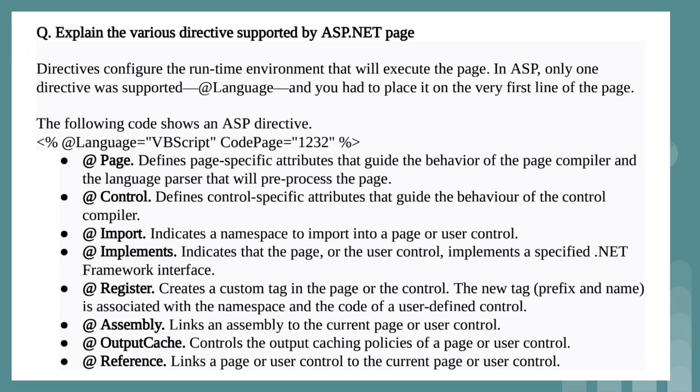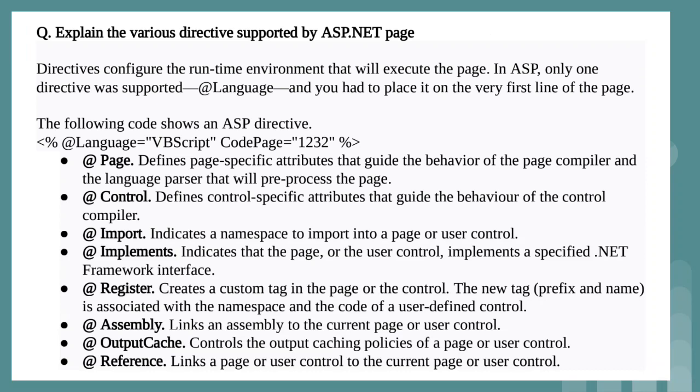Then the next one is @implements. This particular directive indicates that the page or the user control implements a specified .NET framework interface. Sometimes, if I have developed a program using Microsoft Visual Studio 2010, then that program will be supported in 2012 also, and 2014 also. The reverse order is not possible, but a program designed in Microsoft Visual Studio 2010 can be run in Microsoft Visual Studio 2012.